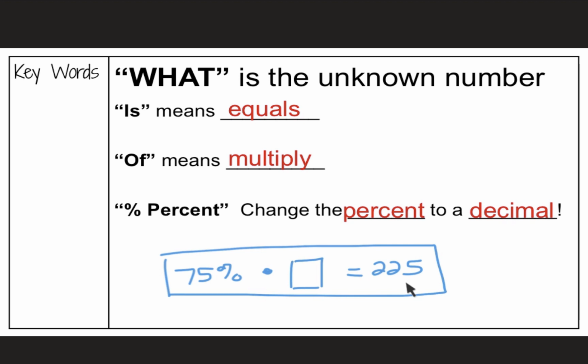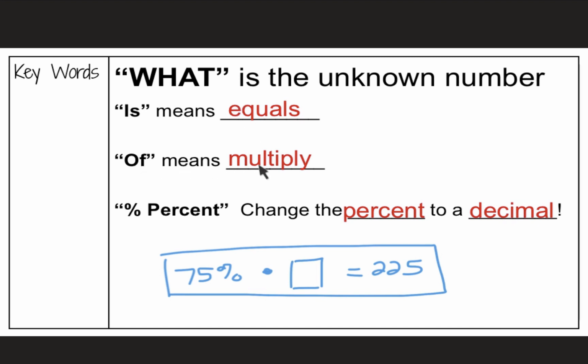Find the last chunk on the front side of your notes. Here are some key words. What is your unknown number? In our cases of our examples here, the what was represented by a box. Is means equals. So when you see the word is or you're saying is, it's representing equals when it comes to these problems.